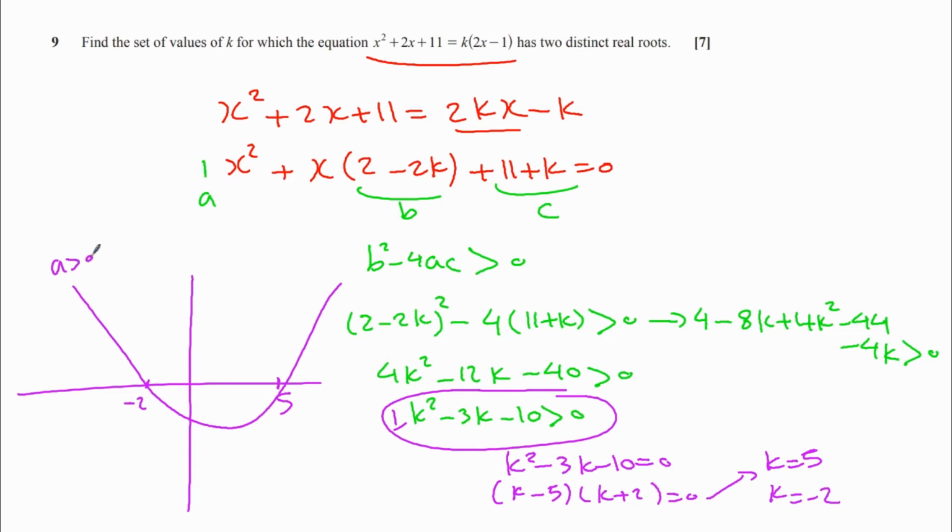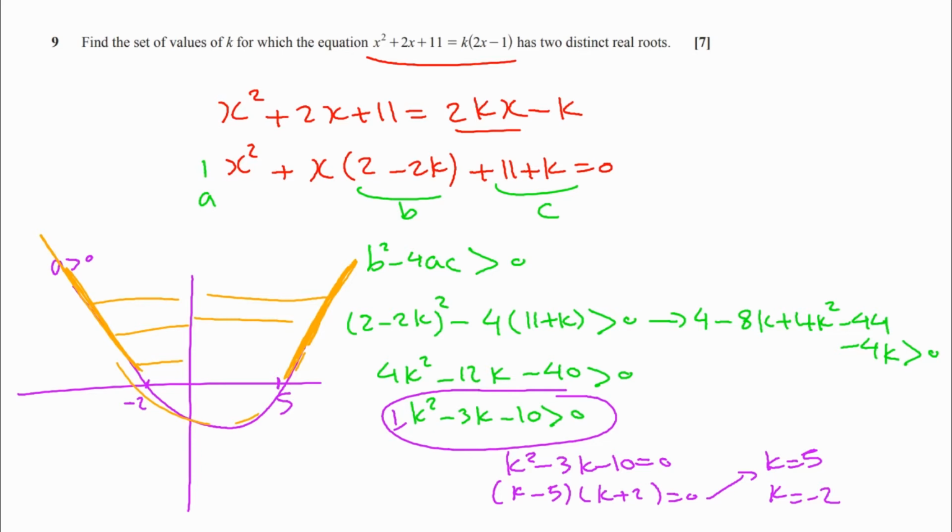Now, we want k squared minus 3k minus 10 to be larger than 0. So where is this function larger than 0? If you look at this section of the function and that section of the function, they are larger than 0, because that is where y is positive.